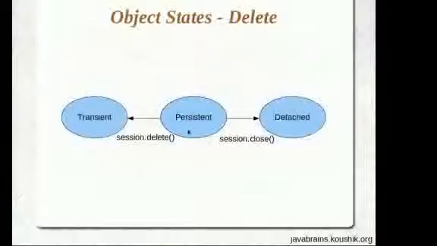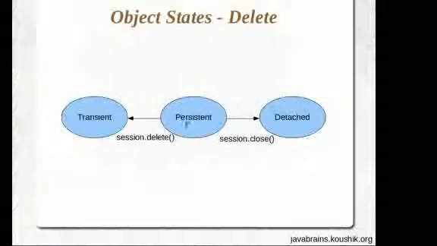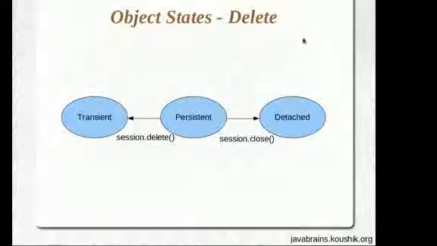Now this persistent object will go to a transient object state when we do a session.delete. Now why is it transient? Because once you have a persistent object, you have a corresponding representative of that object as a record in the database. Now when you do a delete, the record in the database is no longer going to be there.